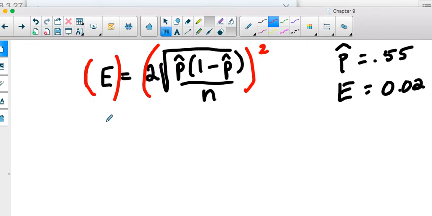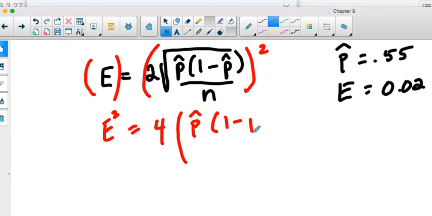So if we square both sides, we're going to get an e squared over here, right? And over here we're going to get 2 squared is 4. There's the 4 we talked about. And then everything inside of the square root is just going to become, the square of a square root is itself. So we'll get p hat times 1 minus p hat all over n.